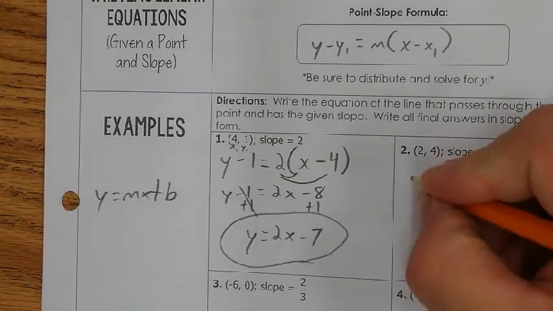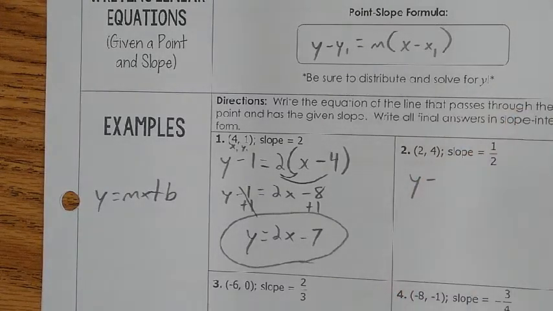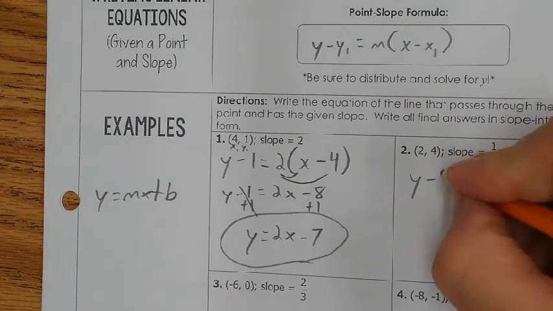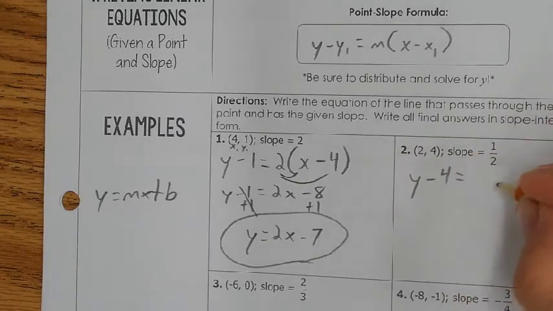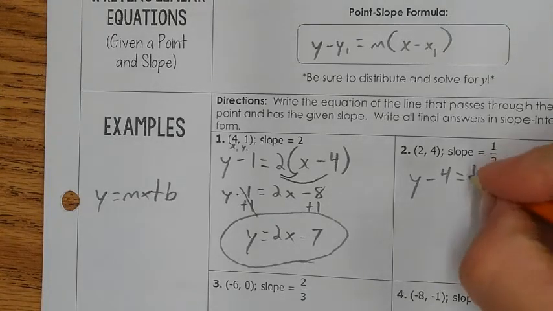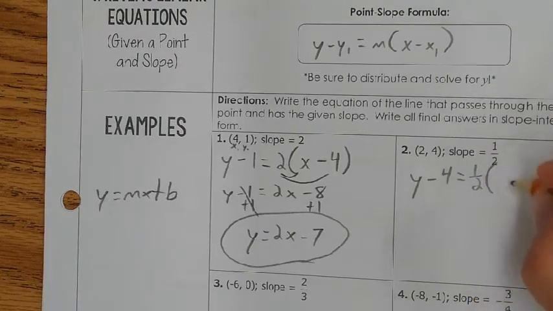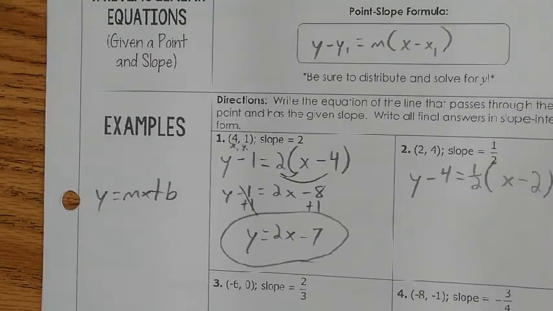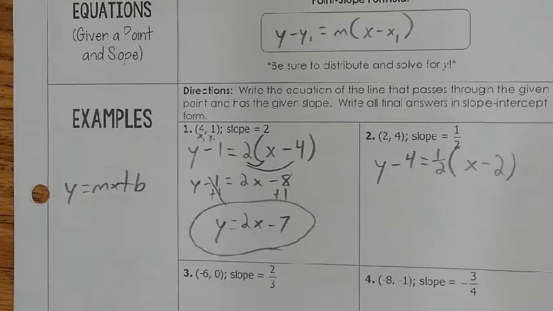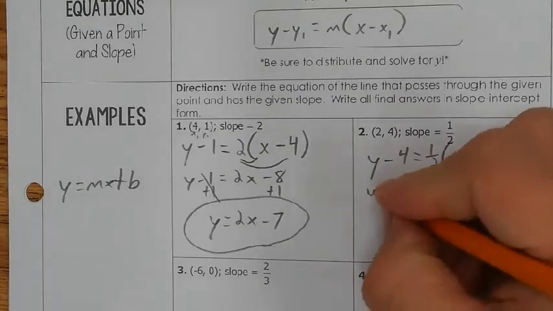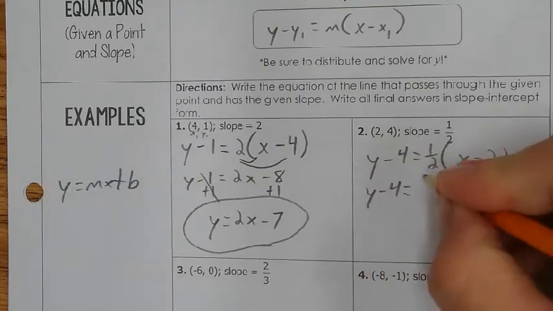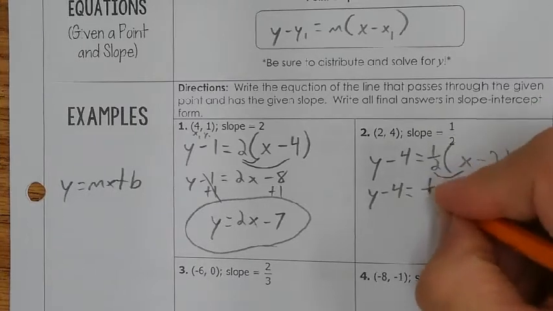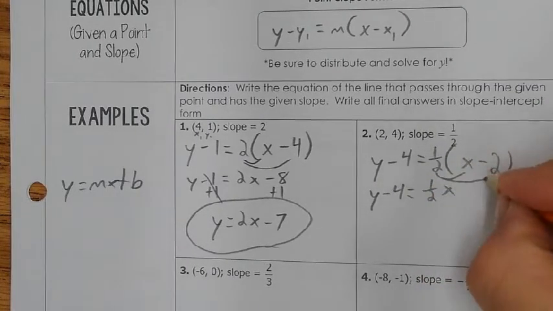So on this one, we're going to do y minus what? 4. 1. 4 equals, somebody help me out, 2. 1. A half. 1 half, parenthesis, x minus 2. Everybody see how we got that? Yeah. So now we distribute 1 half times x, that would just be 1 half x. 1 half times negative 2.